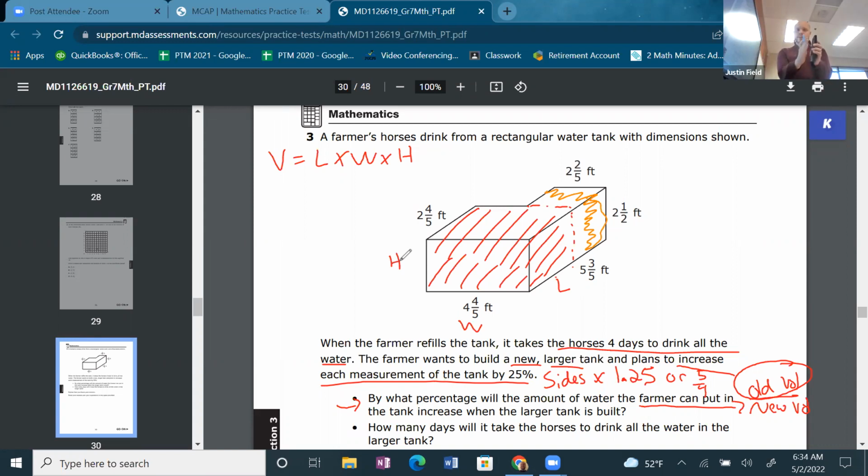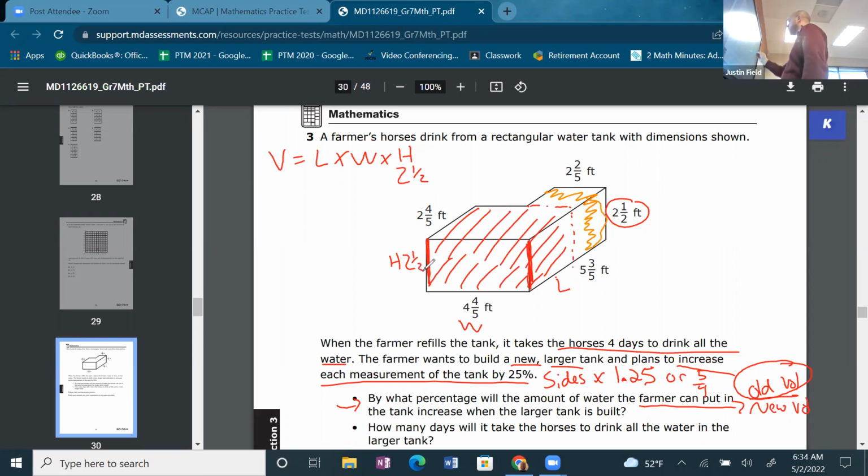Okay, so I usually just think the width is across the front, and the length is along the side, but you can interchange those, and then the height is usually from top to bottom. Okay, so if you see this 2.5, that is also 2.5 right here, and also 2.5 right here. So I have my height, 2.5.